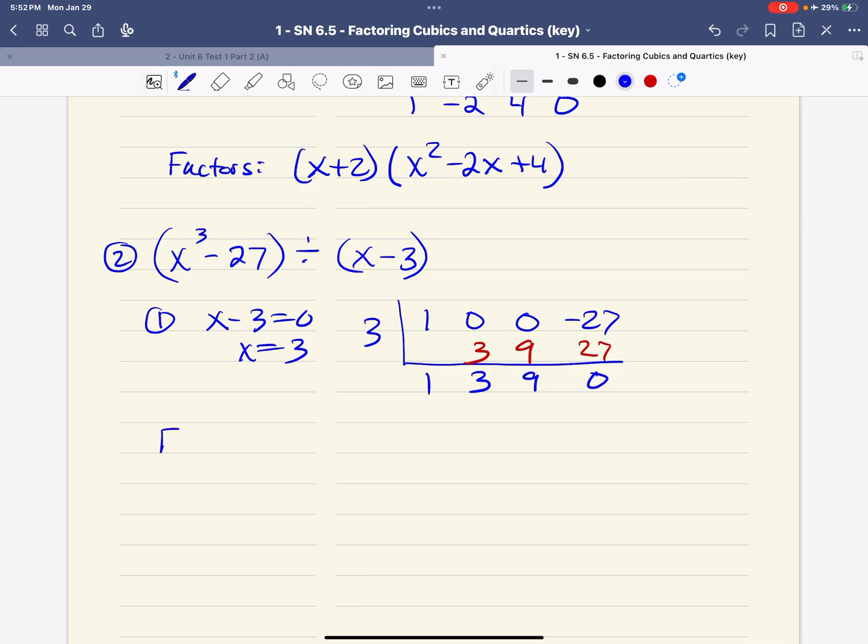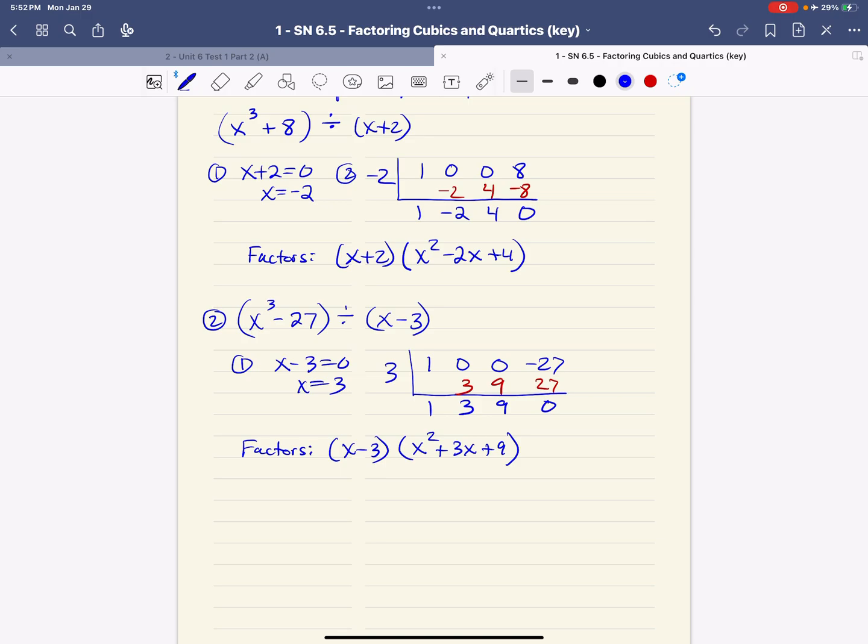So what are the factors? The factors are x minus 3, and because I got a 0 remainder, the other factor is x squared plus 3x plus 9.